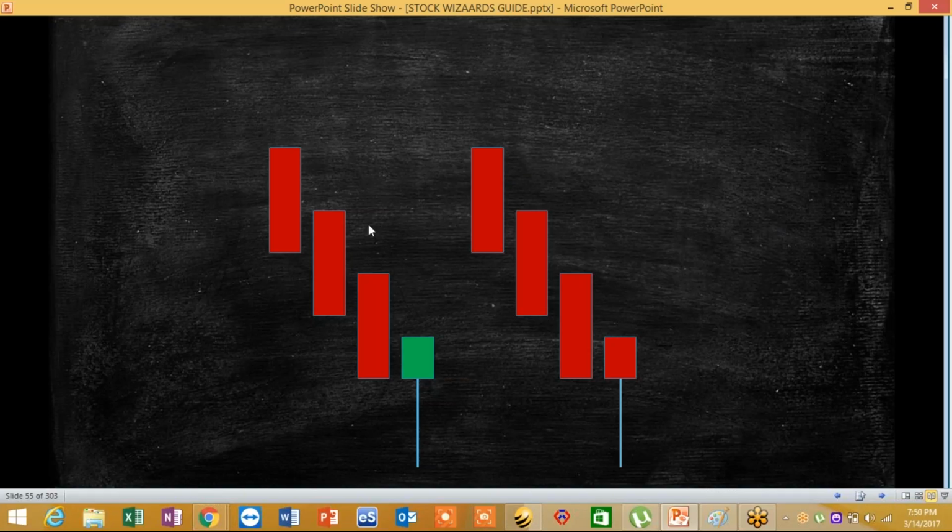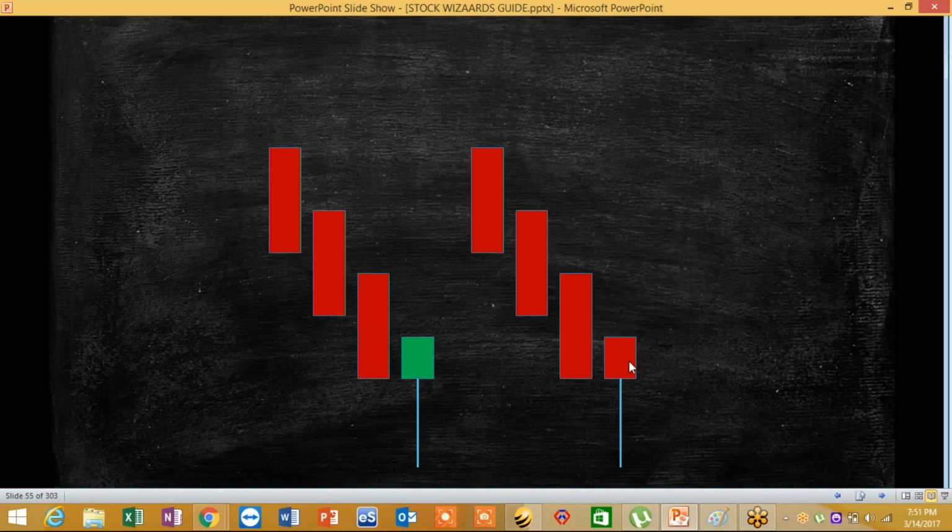So what do you think about this now? Candles were coming down, down, down. You can have wicks and tails in these candles, not an issue. Red candle, red candle, red candle. It is coming down and suddenly a reversal. It came down and someone tried to push it up from here and it went up and finally it became a bullish candle.